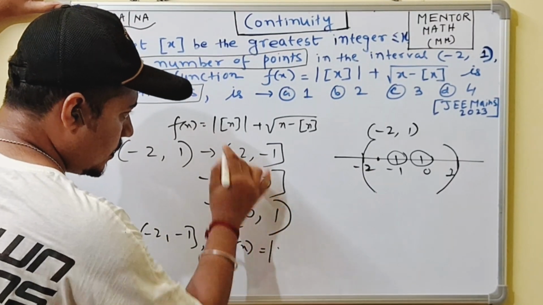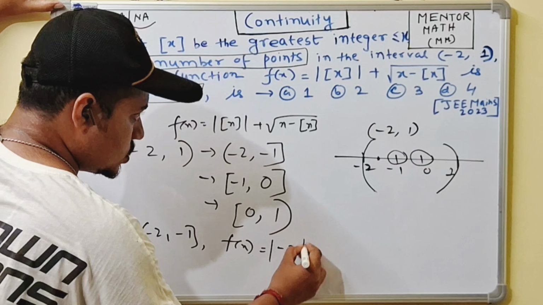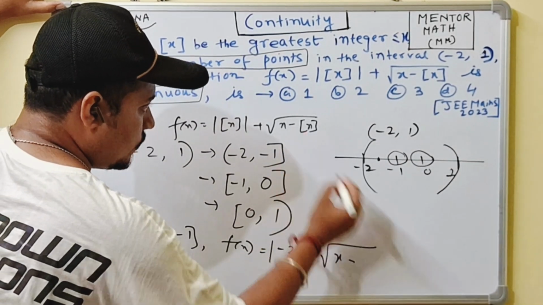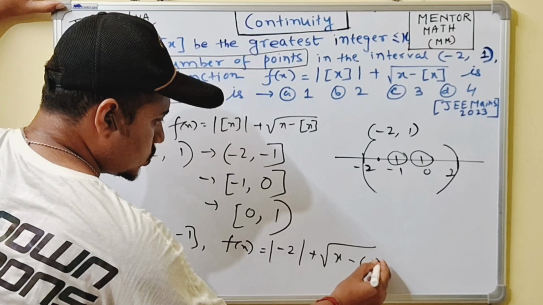So |-2| plus √(x - (-2)), the box value being -2.